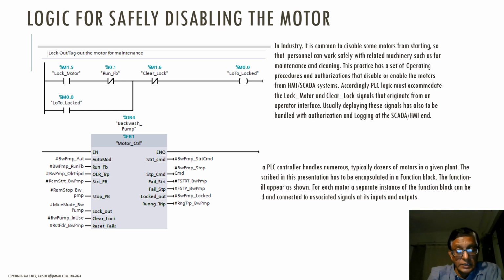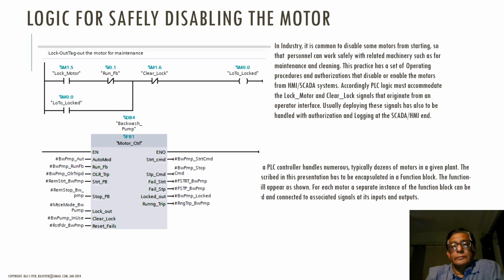And after these things are done, it is recorded with proper timestamp and who did it, who locked it, and who cleared the lock and all that. Okay, but yes, it's a simple principle, but it's very important for the purpose of safety. This is also a commonly found feature, and most customers will appreciate you providing such features in your PLC system. So that's about it for this thing.